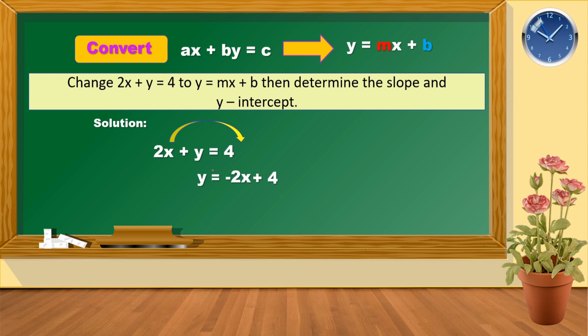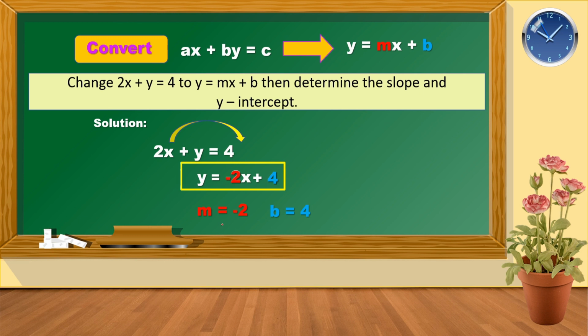As you can see, this one is already in the form of y is equal to mx plus b. And this is our slope-intercept form. Wherein, negative 2 and 4 are our slope and y-intercept respectively. Therefore, the value of our m, or the slope, is negative 2 and the y-intercept is 4.